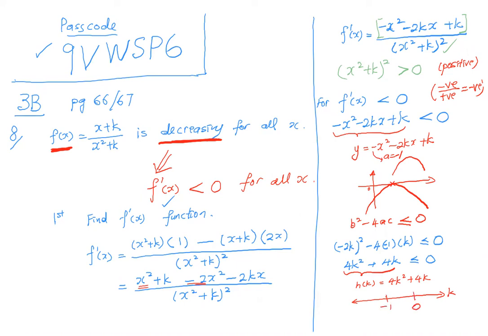Do you know how I get -1 and 0? I let it be equal to 0. Then you can use your scientific calculator. So here will be plus, here minus, here plus. So what do we want? Minus. So we take this region. All this in red, you don't have to write for the examiner to see if you don't want. So your answer will be k is between -1 and 0. That is your solution.